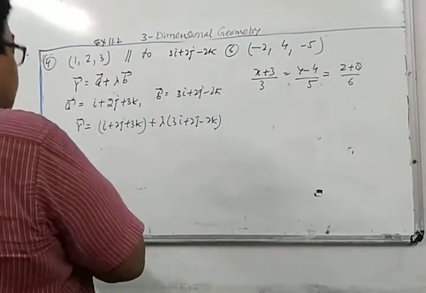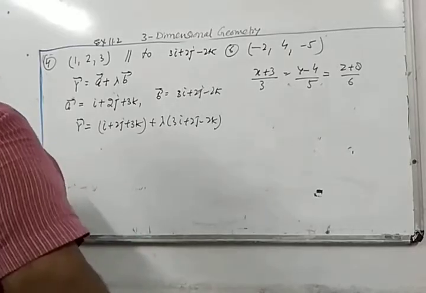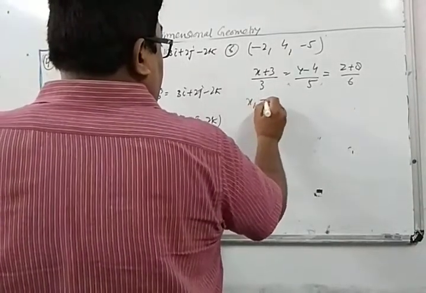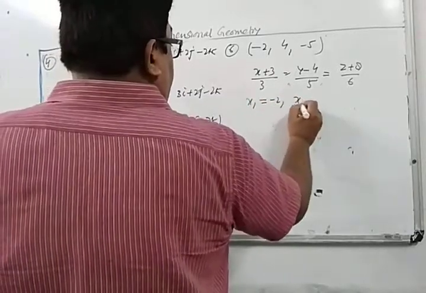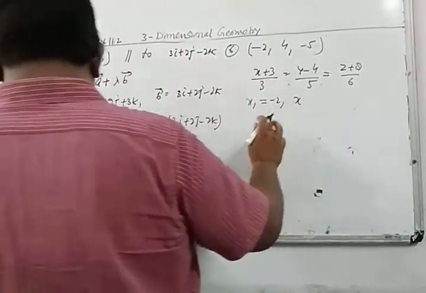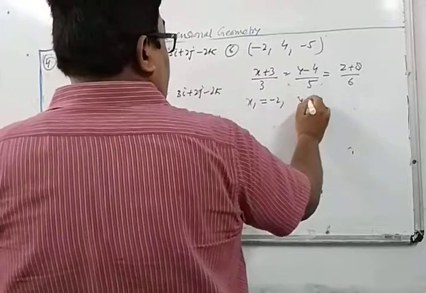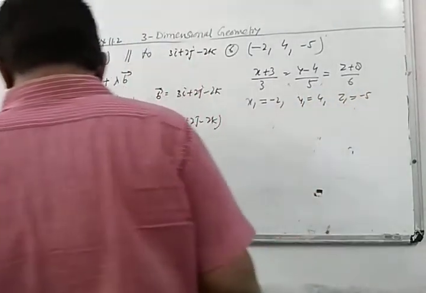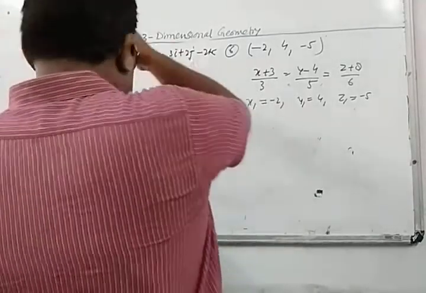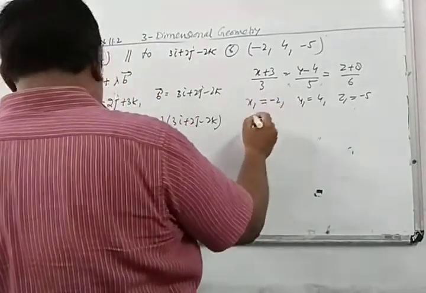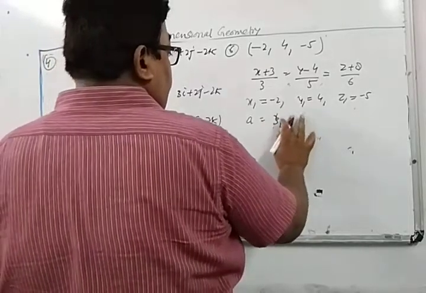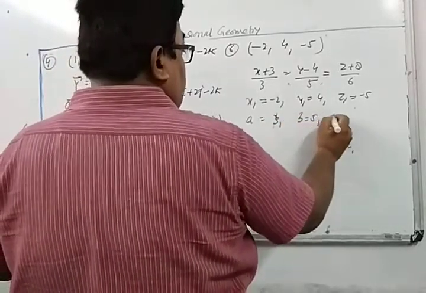So now x1 is equal to −2, y1 is 4 and z1 is −5. And a, b, c is 3, 5, 6: a is 3, b is 5, and c is 6.